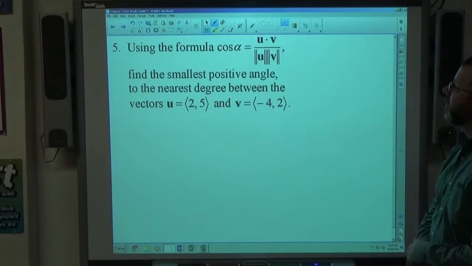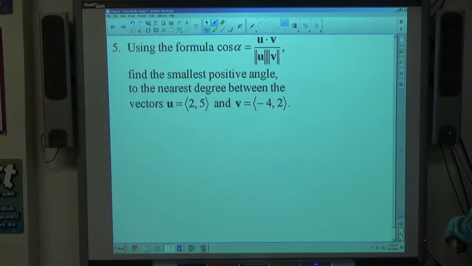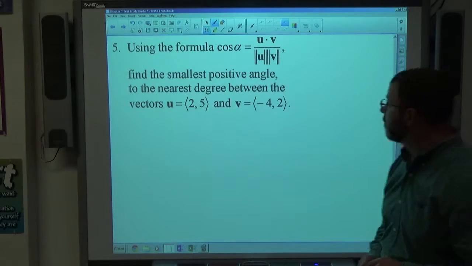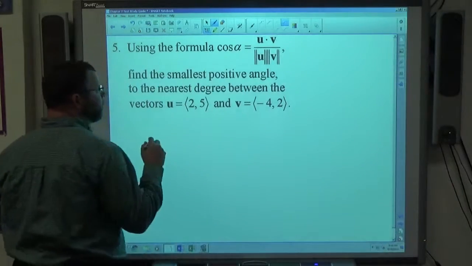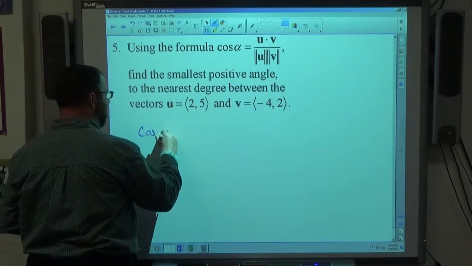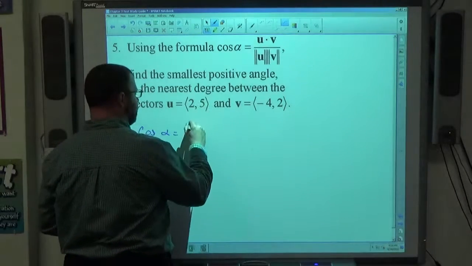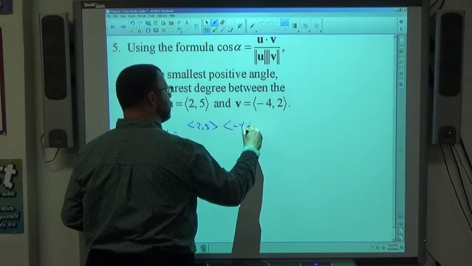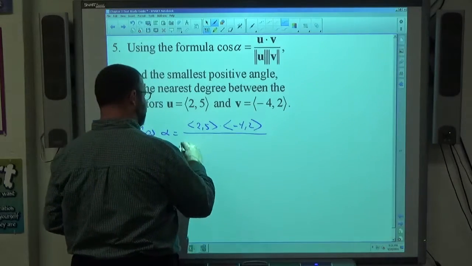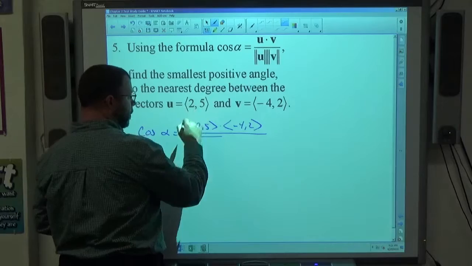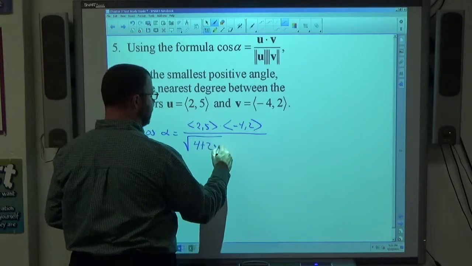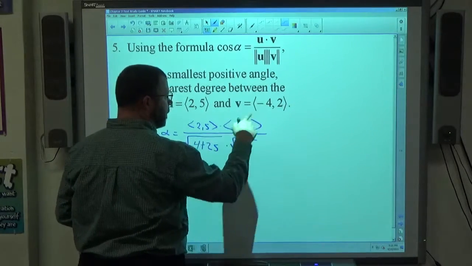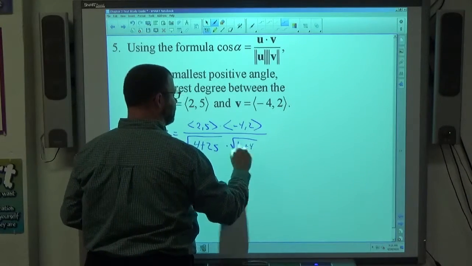For number 5, using the formula cosine of alpha is equal to u dot v over magnitude u magnitude of v, find the smallest positive angle to the nearest degree between these vectors. So if I use that formula, cosine of alpha is equal to u dot v, which is going to be (2, 5) dot product with (negative 4, 2), over the magnitude of u, which is just the square root of the sum of the squares of the two pieces, so 4 plus 25, and the magnitude of v, the sum of the squares of the two pieces, is going to be 16 plus 4.